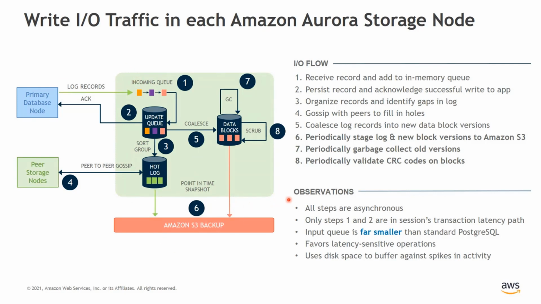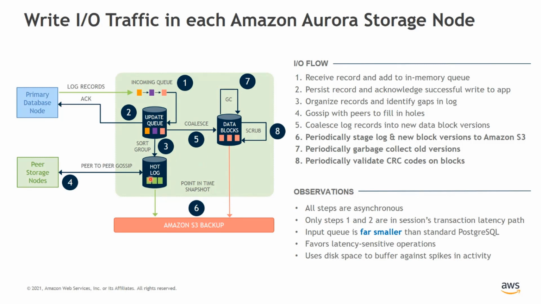This is one storage node. And they come into a queue and they update this queue, which basically means we persist them on disk. So they are now stored reliably on an SSD device as a log record. It's at that point that we can acknowledge back to the application the fact that that write is persisted reliably.